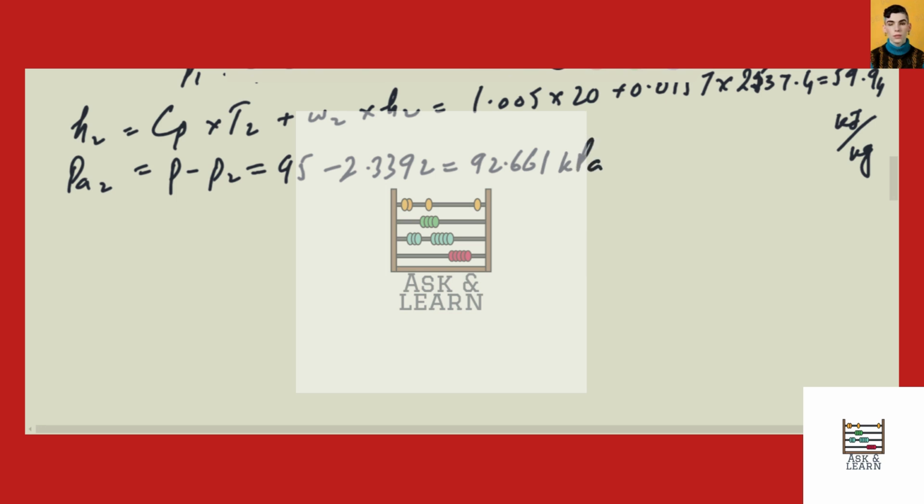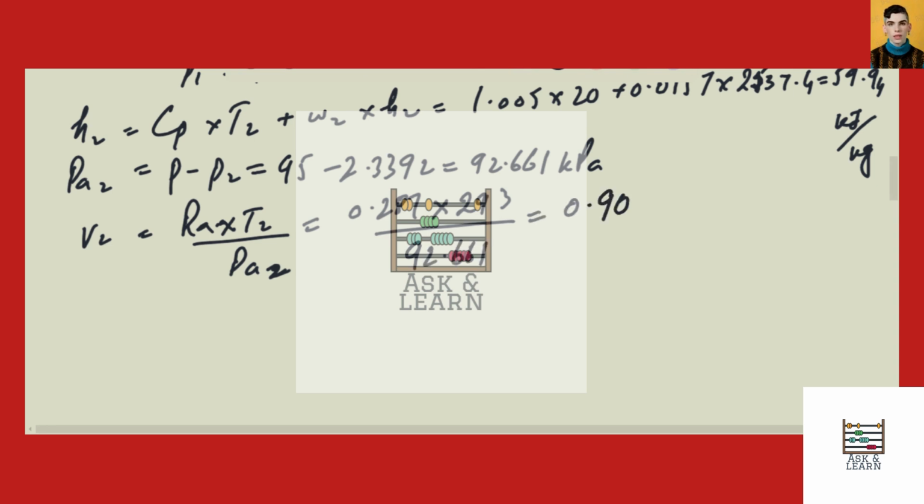So moving further, we have V2 is equal to RA multiplied by T2 divided by PA2, which is equal to 0.287 multiplied by 293 divided by 92.661, and that is equal to 0.908 cubic meters per kg.